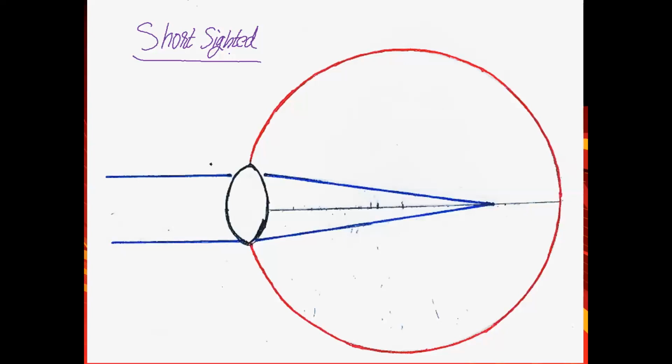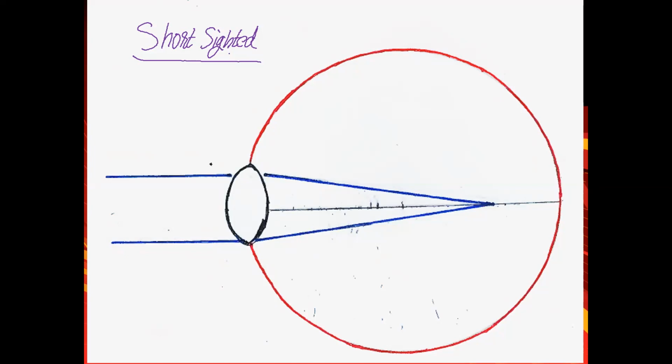Now, this is a short-sighted person. Short-sighted means the person can see close objects perfectly, but cannot visualize distant objects. This person's eye has a bigger, thicker lens. It converges rays too early, so the rays converge before the retina.